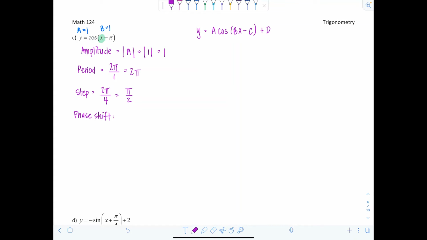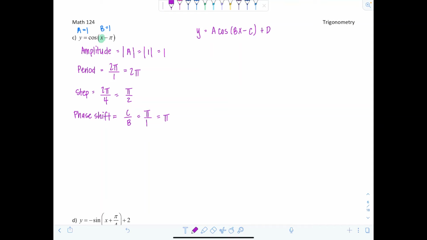Okay, the phase shift is equal to c divided by b. So in this case, ignore the negative, right? You just take c, which is pi, divided by b, which is 1. So the phase shift is just pi.